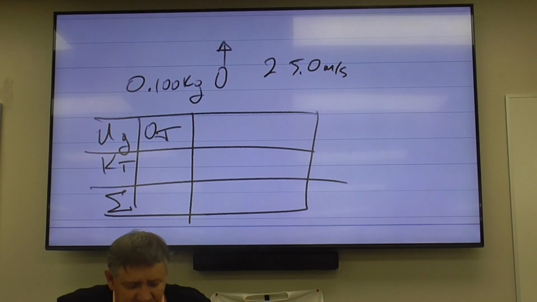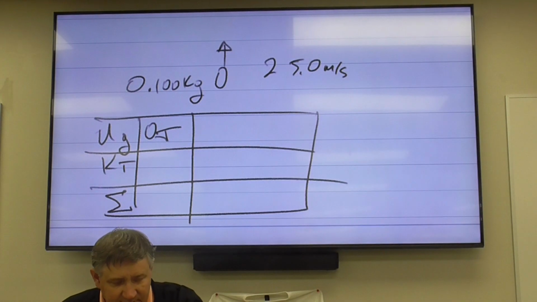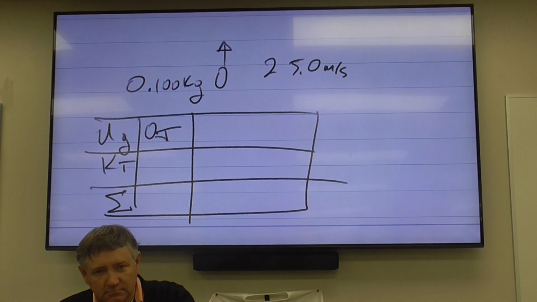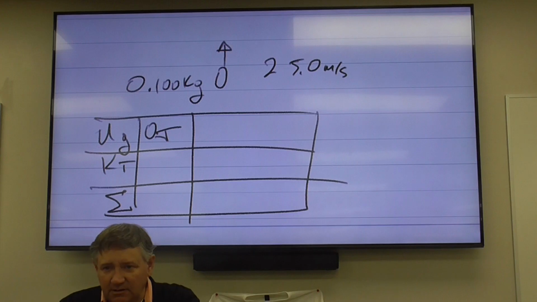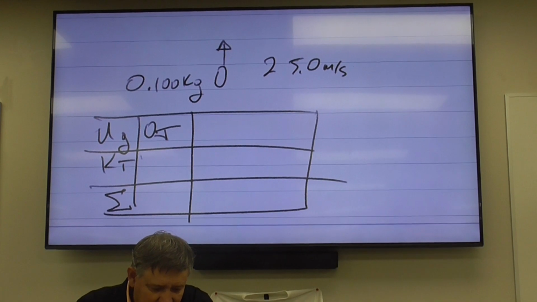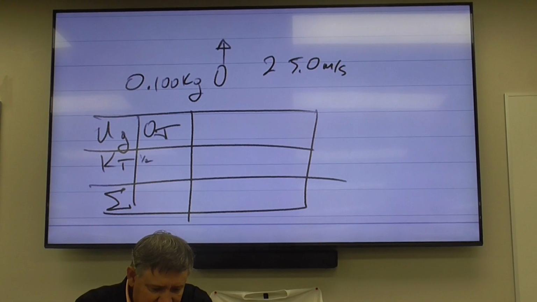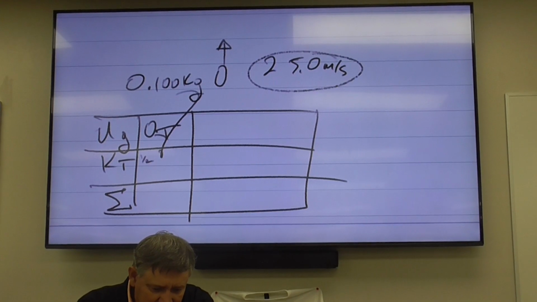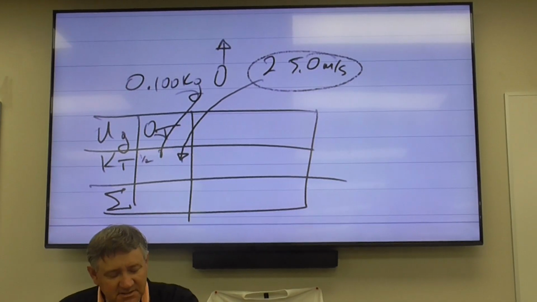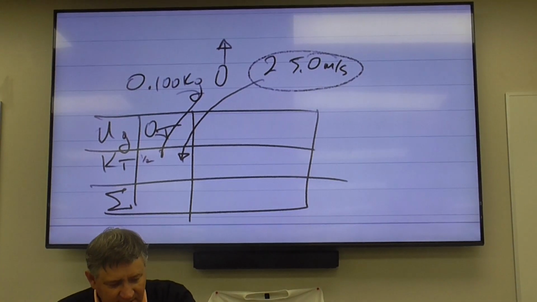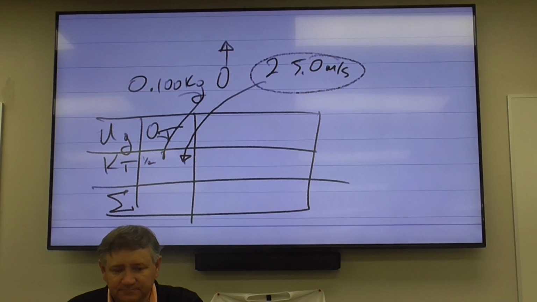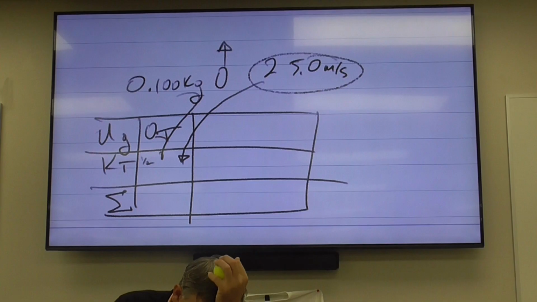Do I have enough information to calculate my kinetic energy? Yeah, you get 1/2 mv squared. That's going to be 1/2 my mass of 0.1 kilograms times my velocity squared. So, calculators please: 25 squared, times 0.1, times 0.5. 31.3.